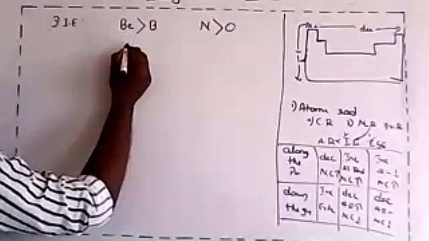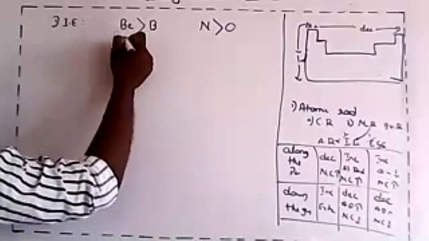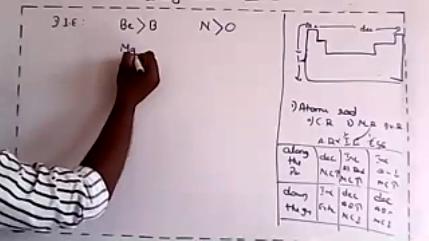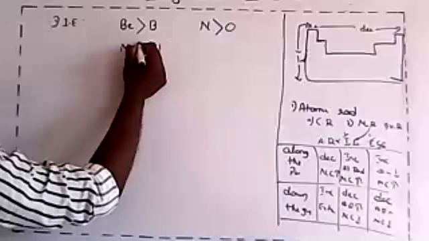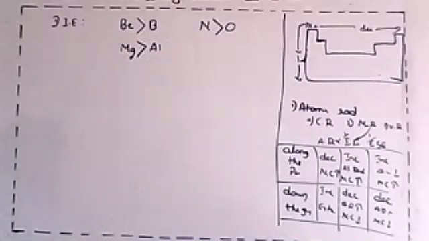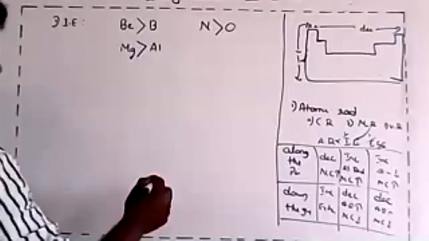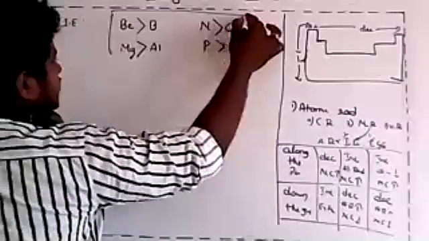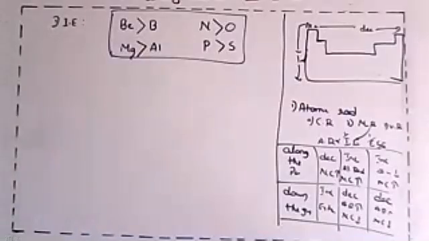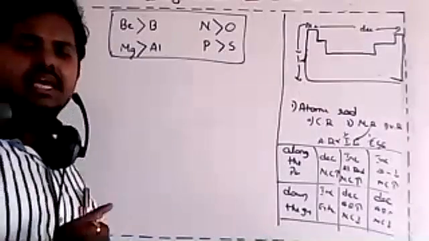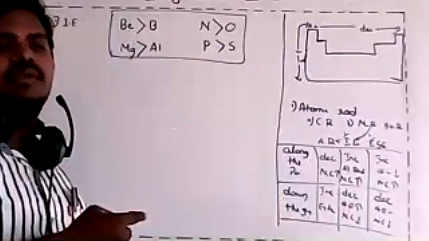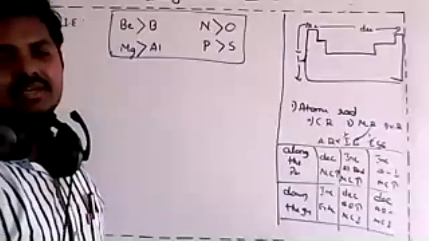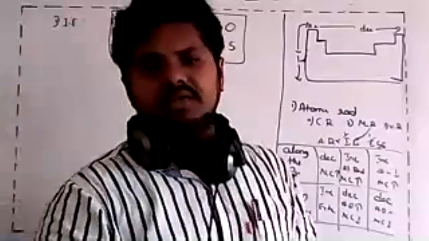Similarly, I can compare with the next ones also. Beryllium has magnesium below it, and boron has aluminum. Again the variation is observed in aluminum and magnesium. Here it has phosphorus and sulfur. These four variations are observed, meaning even though the next element should have a higher ionization enthalpy, it has a lower ionization enthalpy.